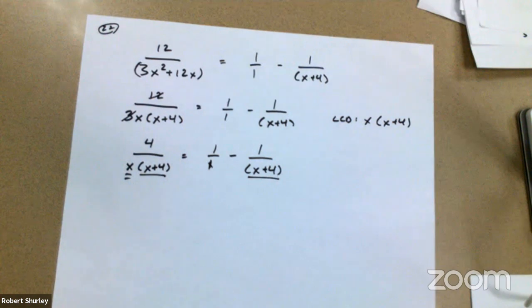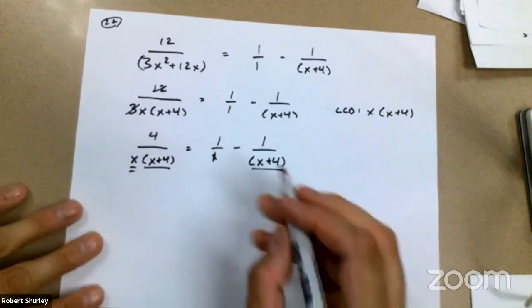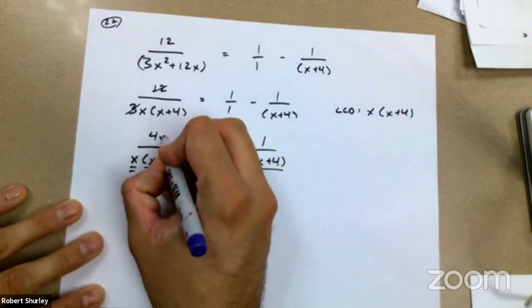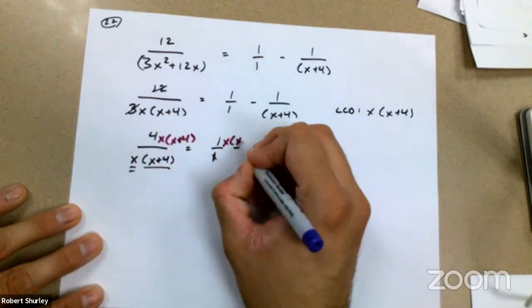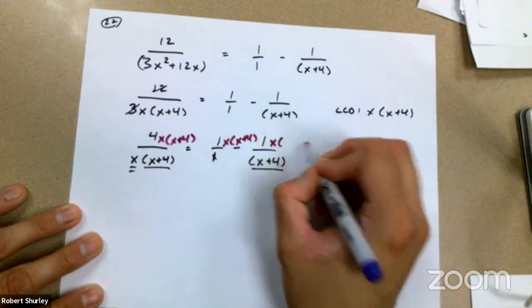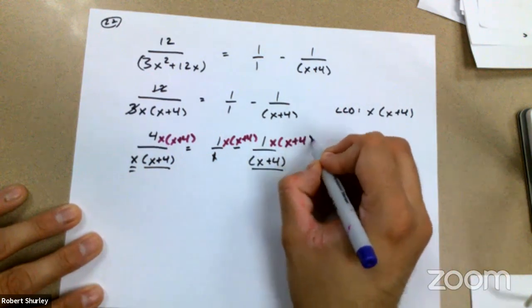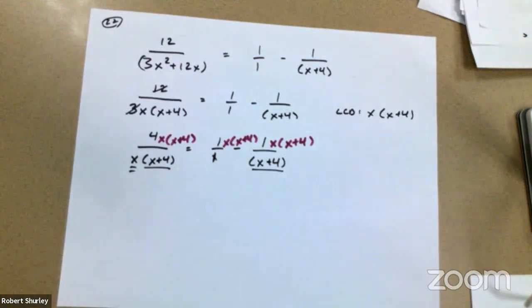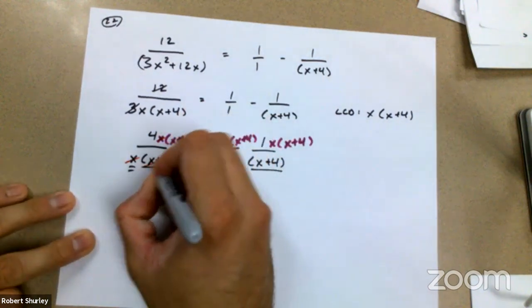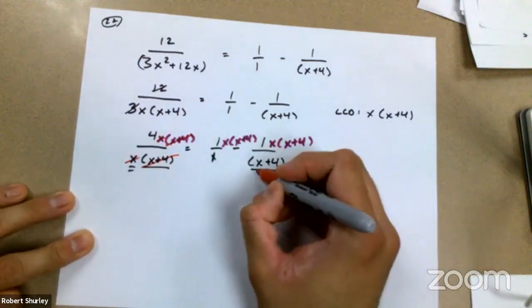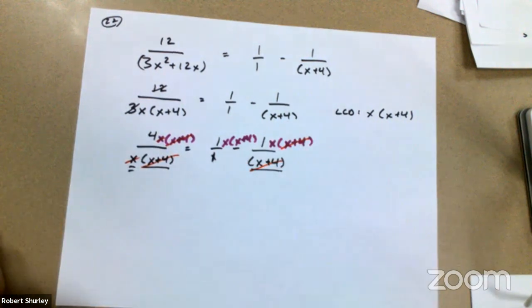I'm going to multiply this x times x plus 4 to all of these numerators. And what happens is we can cancel everything out.